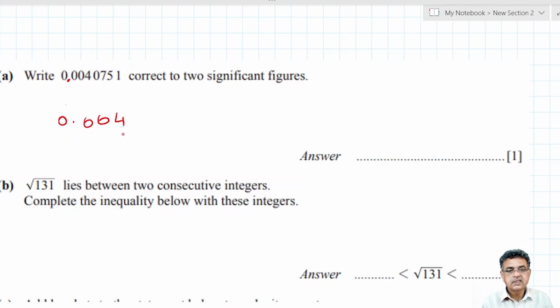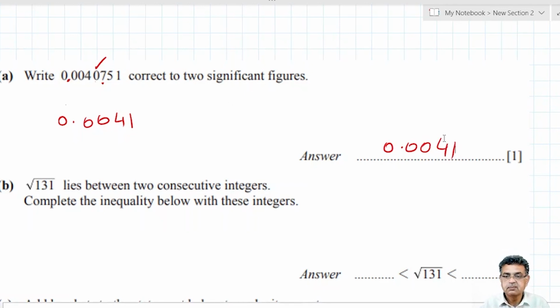So the first significant figure is 1, and then 0, 7. To make it two significant figures, we have to round this number depending on this value. If this value is less than 5, then we leave this number as 0. But now it is more than 5, so it will be rounded off to 1. So 0.0041 is a number correct to two significant figures, because these zeros are not significant.